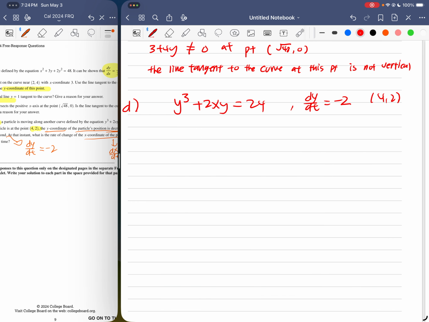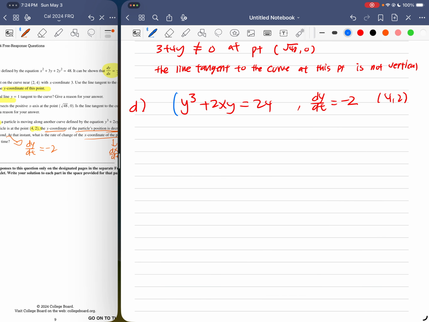So when you take a derivative with respect to t, this one is 3y squared times dy/dt, plus, when you take a derivative here, keep that in mind, f is 2x, f prime is going to be 2 dx/dt, g is equal to y, g prime is dy/dt.